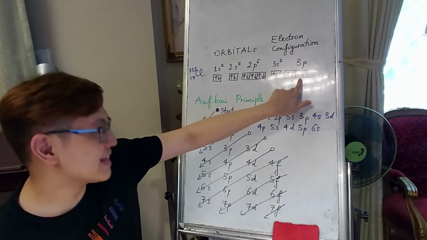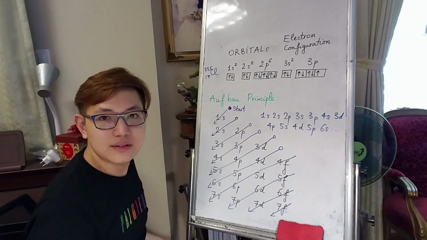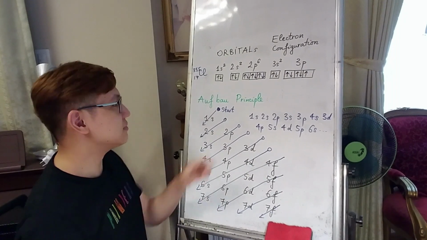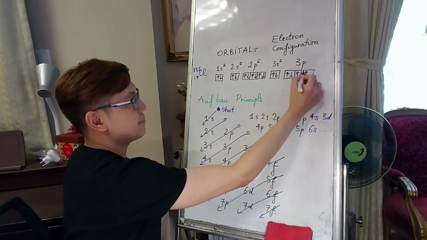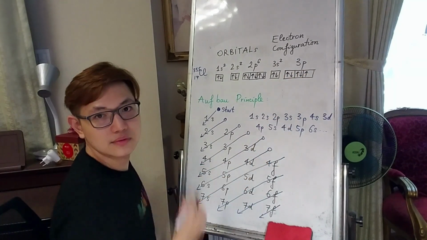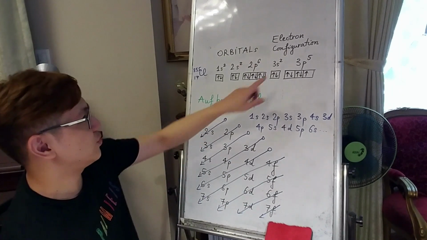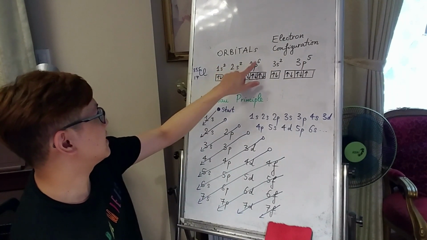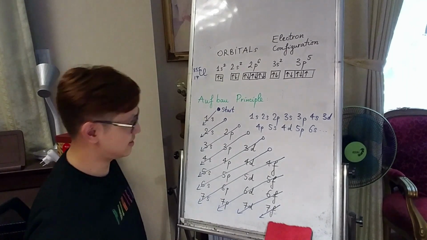So this is the last electron I put in there. So up, up, up, and then down, down. This one is gonna be 3p5. So 10 plus 2 is 12, plus 5, it's 17.